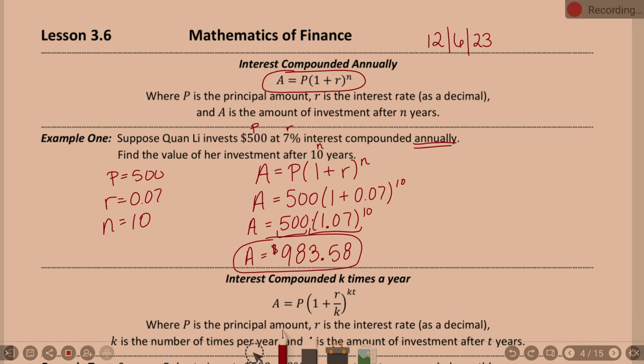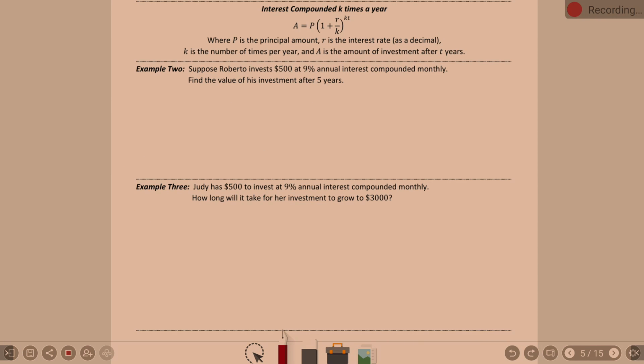Now, as you look next, there is another formula. This time it's interest compounded K times a year. As in, is interest always compounded annually, once a year? No. It's sometimes compounded more. So in this formula, the slight difference is that we have a K value included. A equals P times 1 plus R over K raised to the KT.